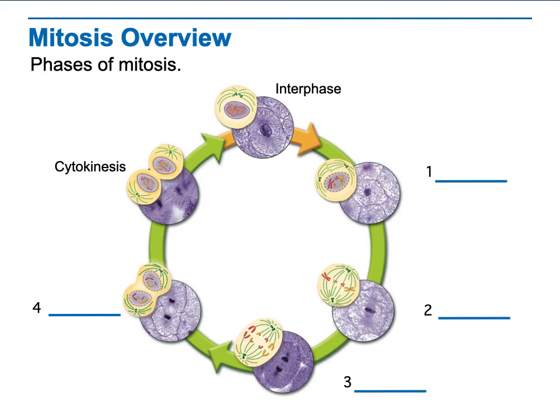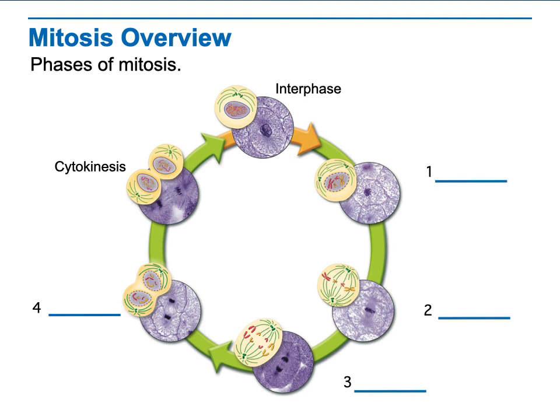Okay, let's go through the mitosis overview. First, although interphase and cytokinesis are shown in this diagram, these are not part of mitosis. Let's just be clear about that. During interphase, a cell must grow and replicate its DNA for it to be able to divide.